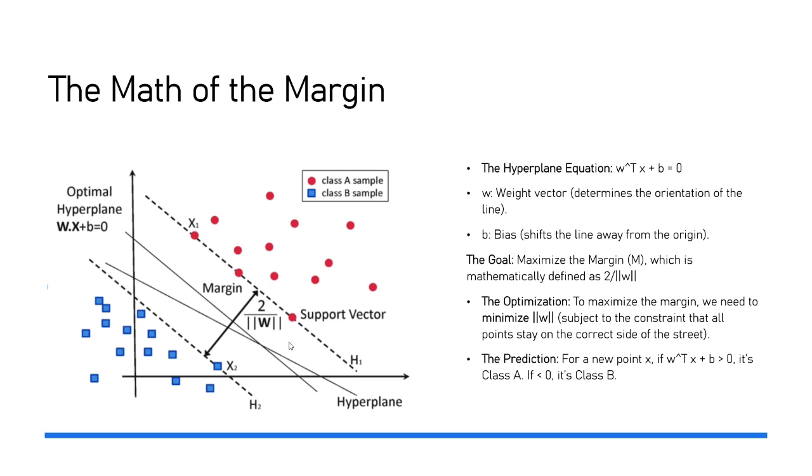Our goal in SVM is to maximize this 2 by modulus w. If this value is greater than 0, it is of one class, and if it is less than 0, it is of another class. This is how we do this.